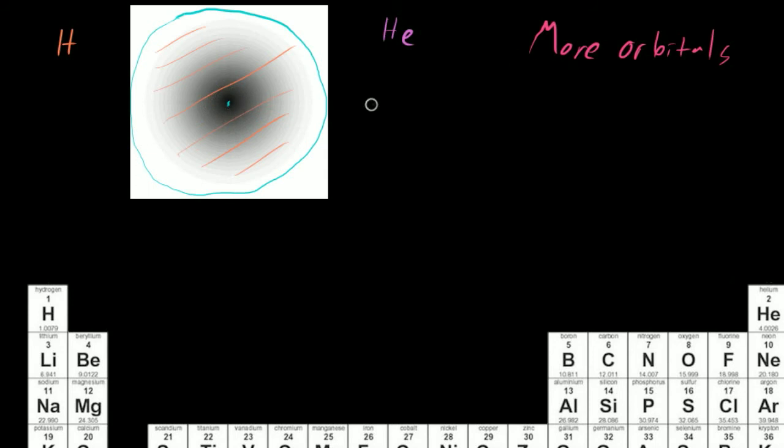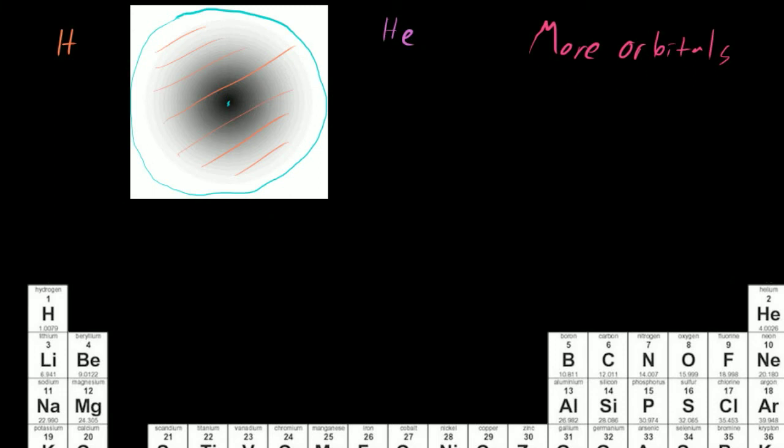So when we start adding more than two electrons, we said that this depiction could be either a hydrogen atom or a helium atom, and when we start adding more electrons on top of the two-electron examples we've been talking about, we start adding on more orbitals.